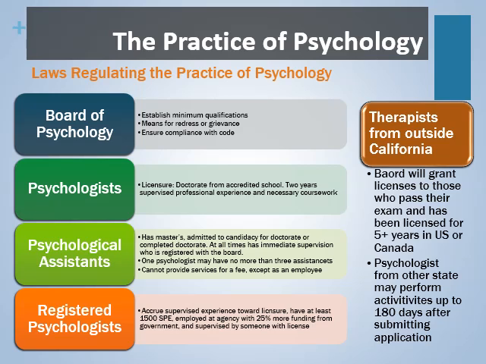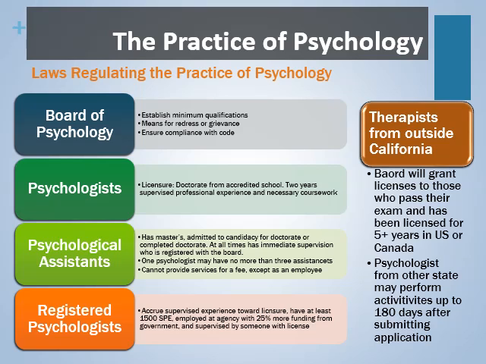Which also means that if you're on vacation, there's all sorts of laws, but it gives you a little leeway. However, let's say you move and you're licensed in another state and you want to become licensed in California, you do need to take the CPLEE, law and ethics. That, of course, everyone has to take.